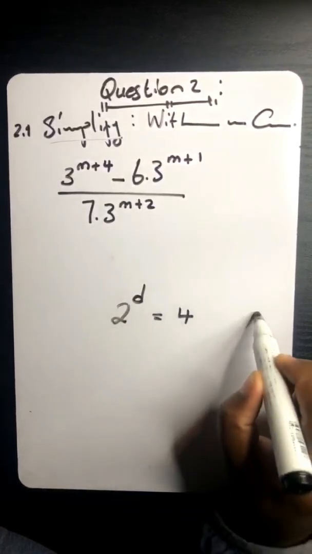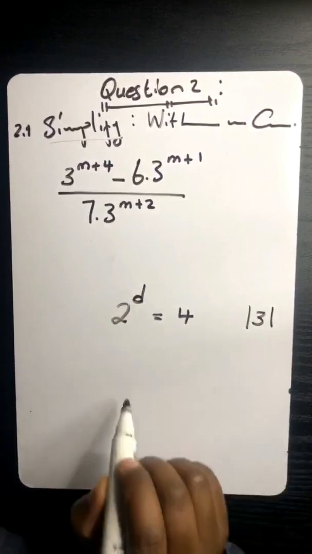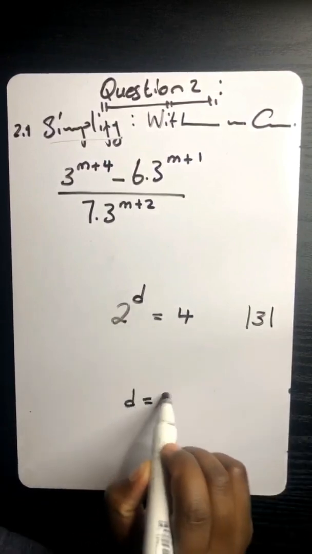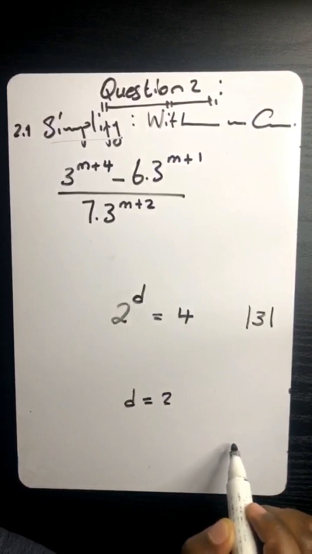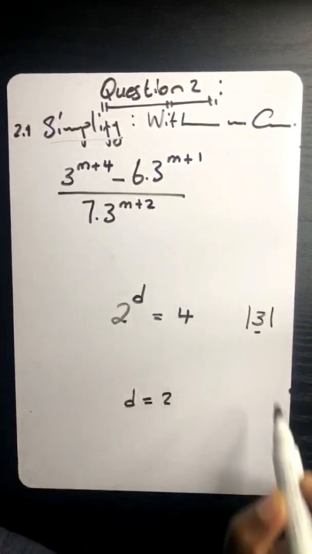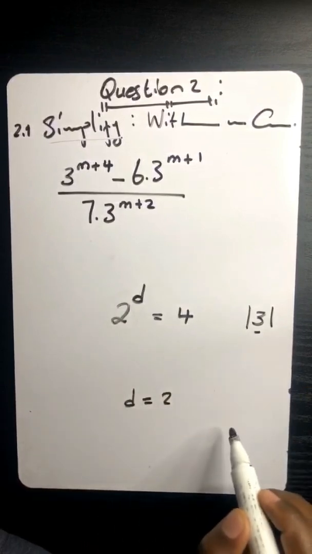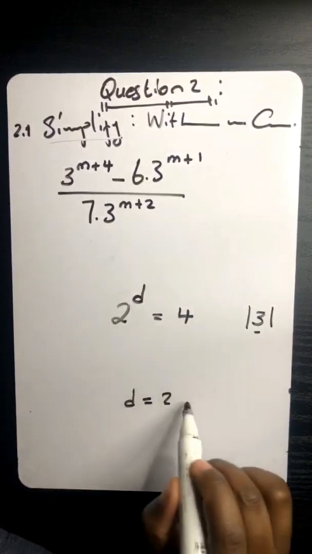But because this could be allocated 3 marks, instead of saying D is equal to 2, you need to show all the necessary steps so that you score maximum marks. If you just say D is equal to 2, I'm going to assume that you copied from your friend.